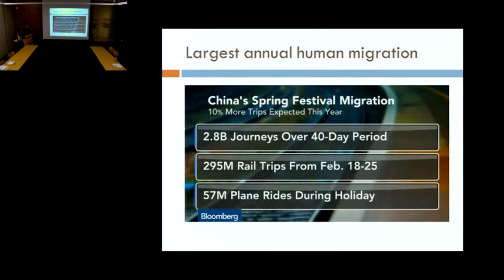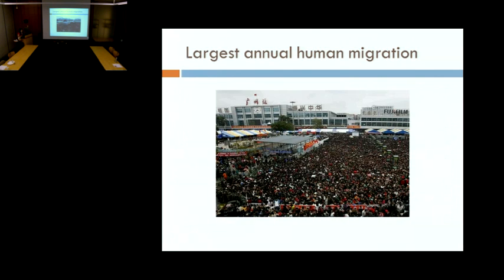Amazing. There are estimated to be 2.8 billion journeys over a 40-day period, 295 million rail trips, and 57 million plane rides during the holiday. People often can't afford the plane or can't get tickets, or they live in very remote areas, so they have to take 5-6 different train rides to get home. But it's really important, and because a lot of people from rural areas live in the cities, they all have to migrate back at the same time.